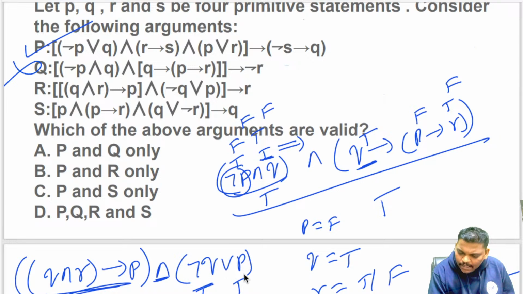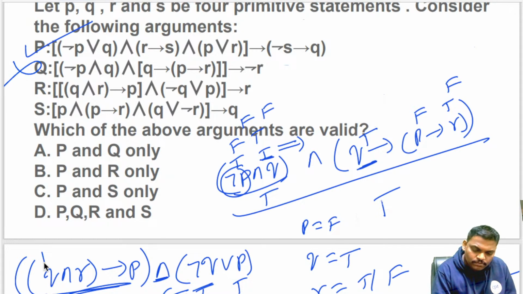Negation Q, R implies P. True, true. True, false. False, true. Negation Q, first let's see the first combination. Negation Q true means Q false. I want this as true. So what is the P? P true. So R may be anything, because the implication operator is already true, so it can never be false.